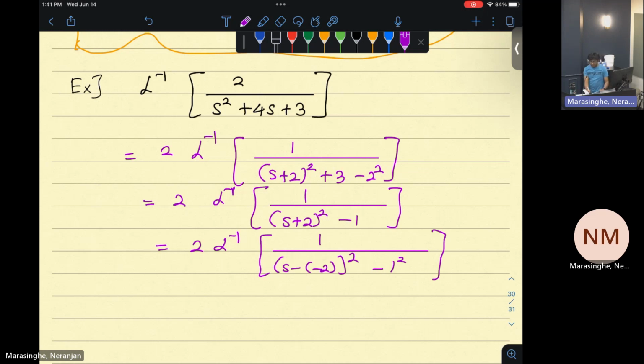If I do not have this negative 2 here, then I know the inverse. So it should be s square.